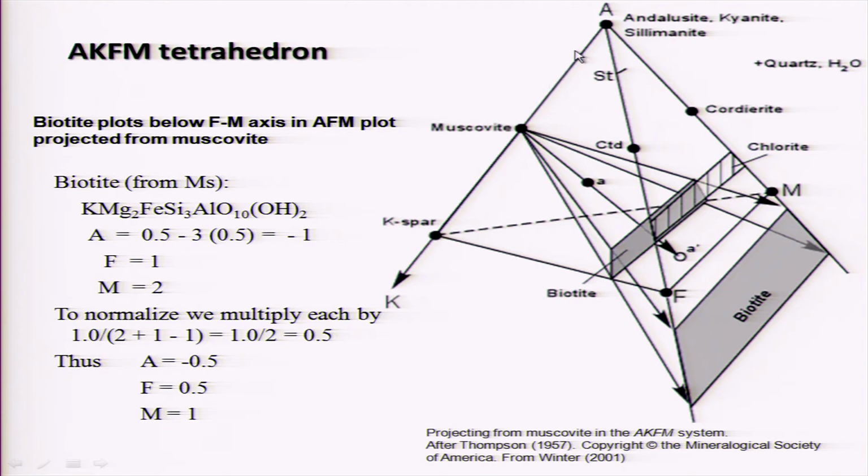Since for each mole of potassium there are 3 moles of Al2O3 associated, we have to subtract 3 K2O from Al2O3 for muscovite projection. So it becomes Al2O3 minus 3 K2O, and the value comes out to be -1, and F is 1 and M is 2 for this particular biotite. That biotite will plot below the line in the AFM projection, because the value of A is -1, that is, below the FM line.